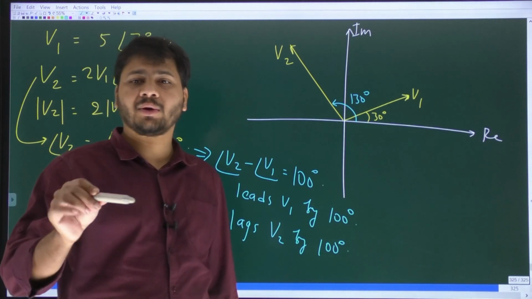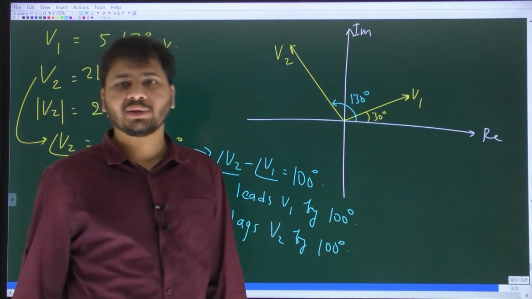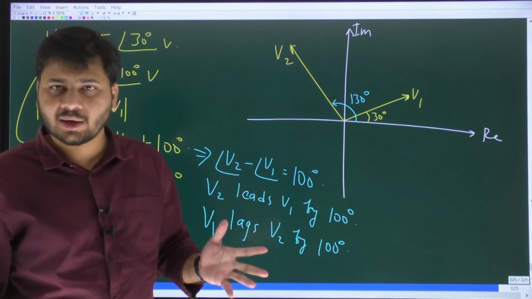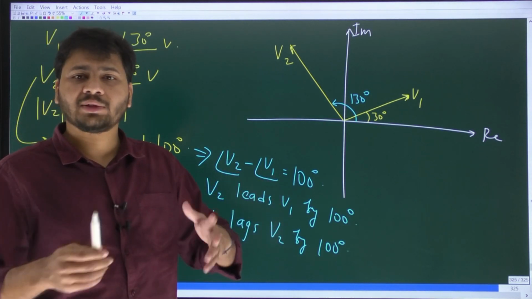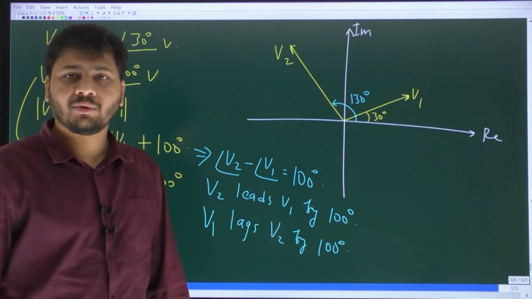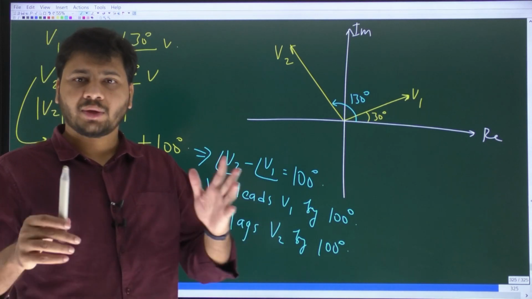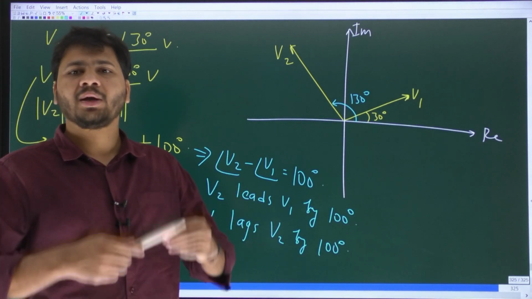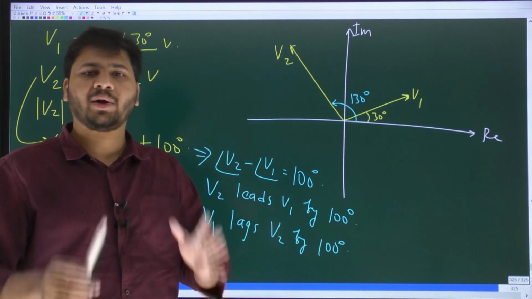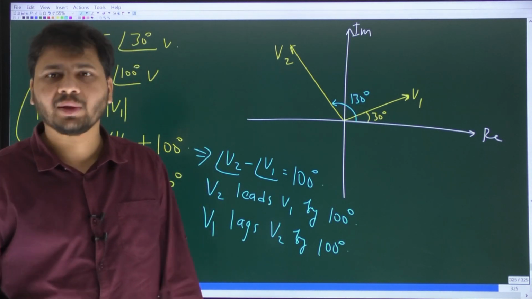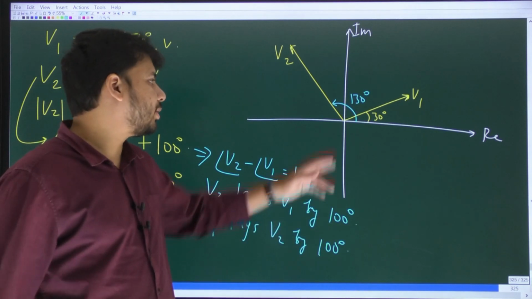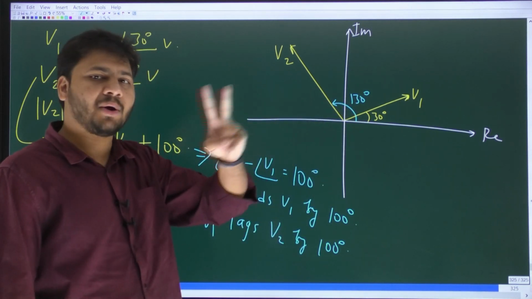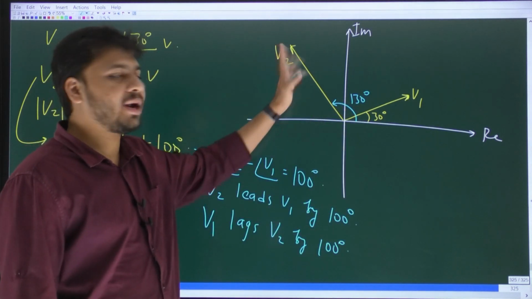All the phasors will be defined at the same frequency. You cannot have a phasor diagram where different phasors are defined at different frequencies. You understood? So in a single phasor diagram, all phasors will be defined at one single frequency. Right now in the phasor diagram we have two phasors, V1 and V2.